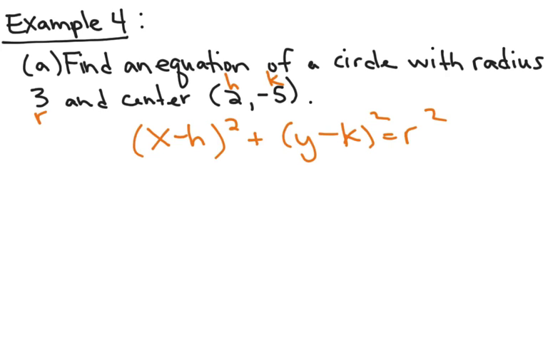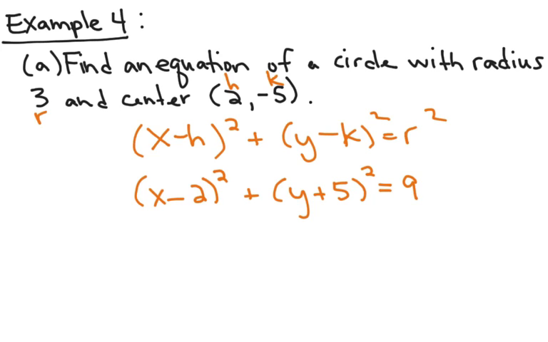So when I plug it into the equation, I get (x minus 2) squared plus y minus negative 5. Two negatives make a positive. And then r squared, so 3 squared is 9. Or you can write it as 3 squared if you want to do that as well.